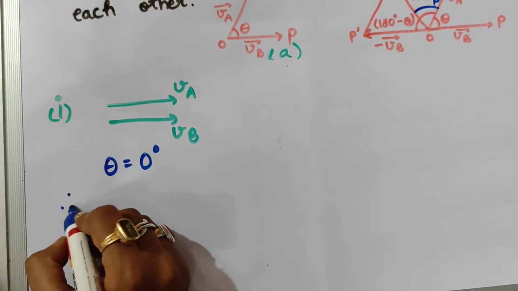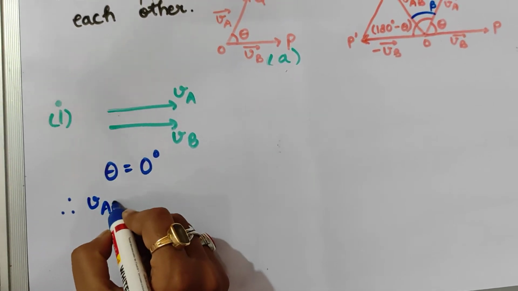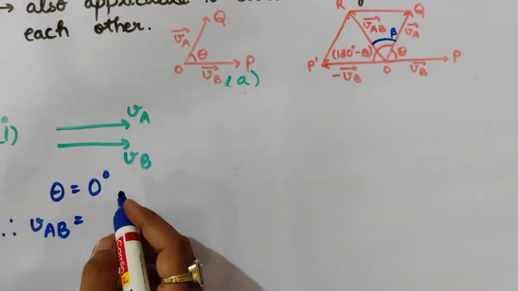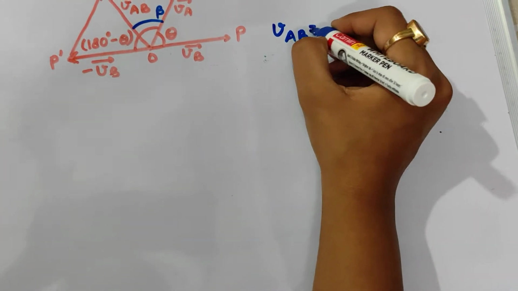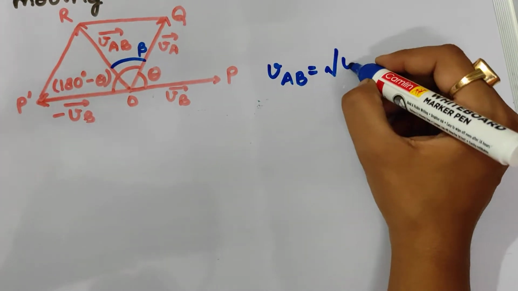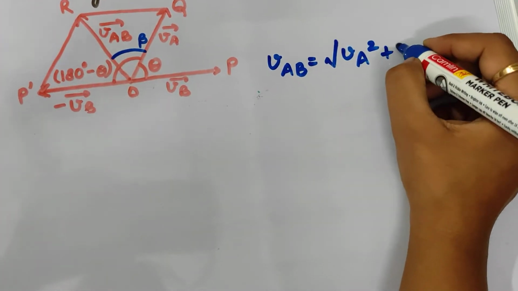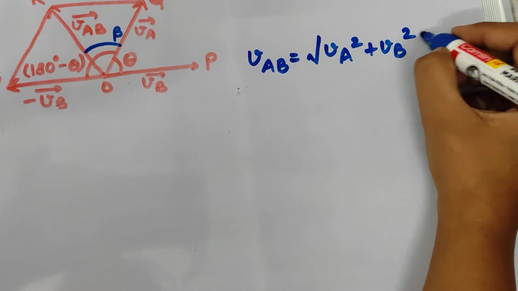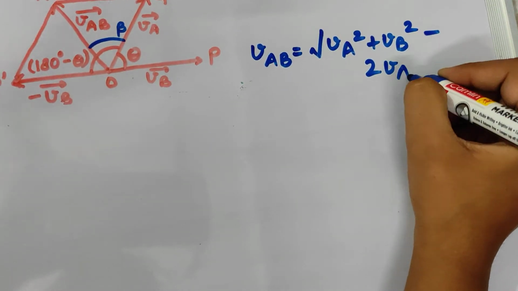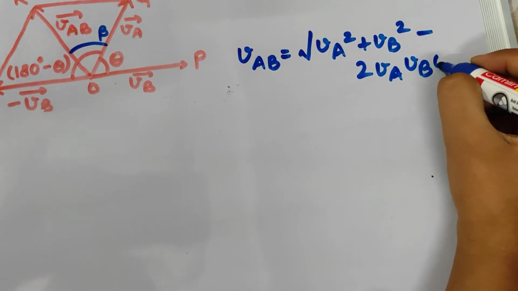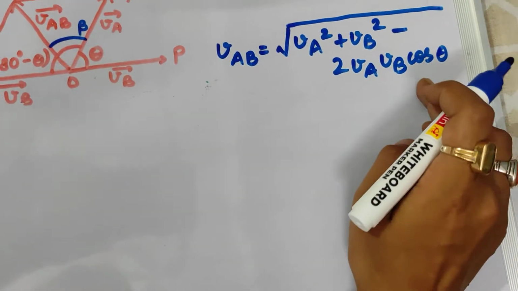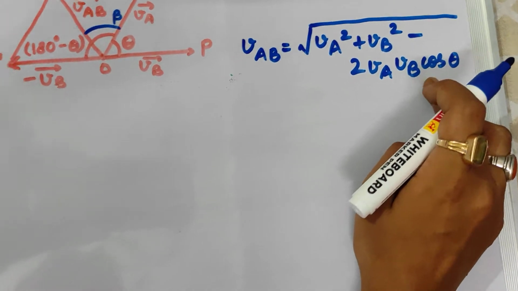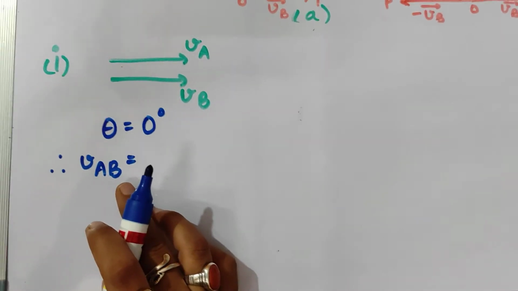Now what will be the value of VAB? As I have told you, the value of VAB will be equal to the square root of VA square plus VB square minus 2 VA VB cos theta.